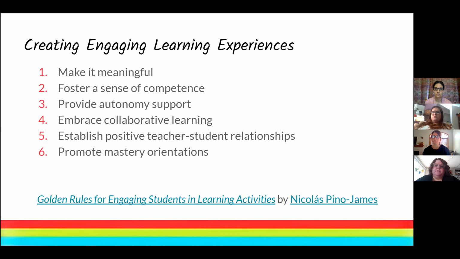And then, of course, number 5 is the most important, having positive teacher-student relationships, and that's one of the things that we're all great at, and one of the things that we need to keep going throughout distance learning. And then promoting mastery. I linked to the article from Edutopia that talks about all of these in more depth rather than my 30-second overview. So that's there if you'd like to go back and look at that, but just so that we all are thinking the same thing when we're talking about engagement.